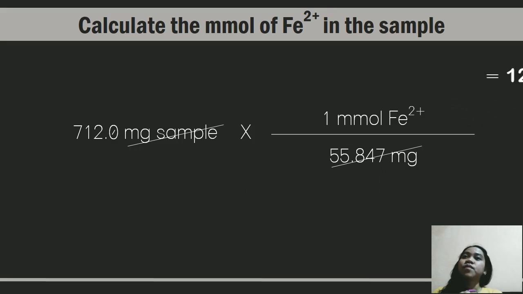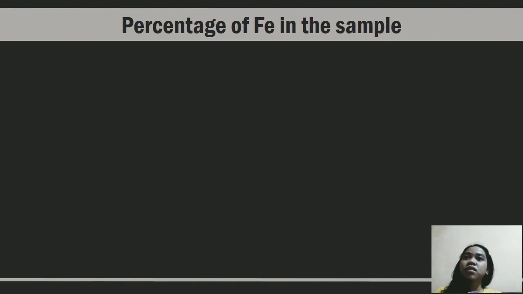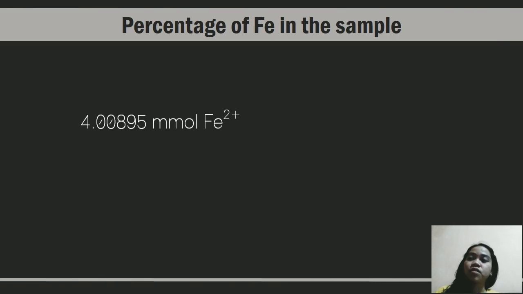Next, we will use this value. This 4.00895 millimoles of Fe2+ is the millimoles of Fe2+ that reacted with the potassium permanganate.